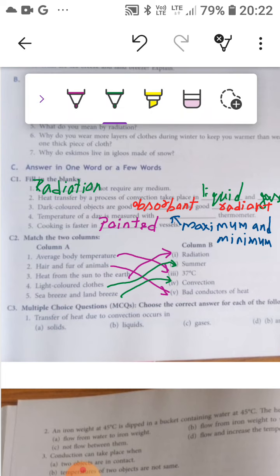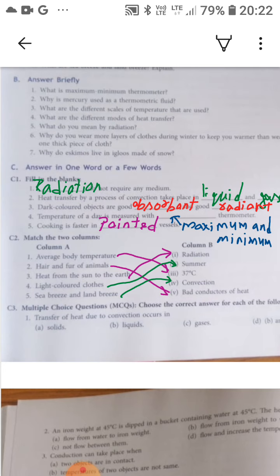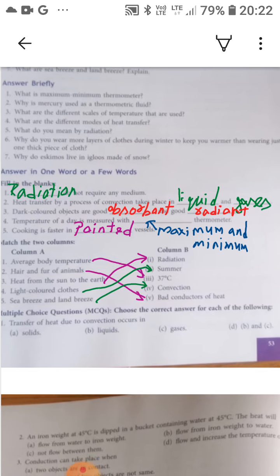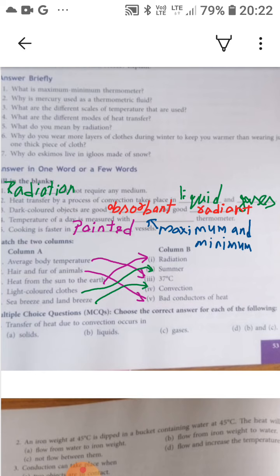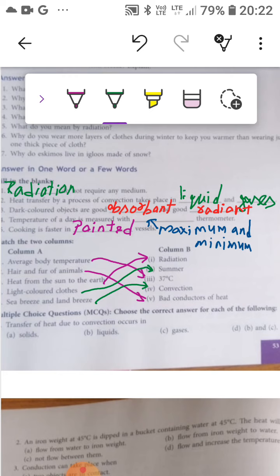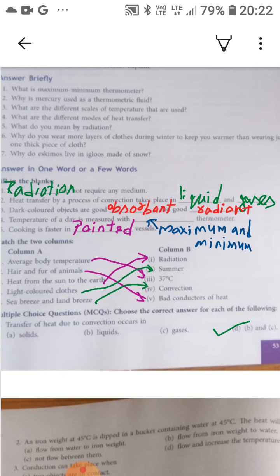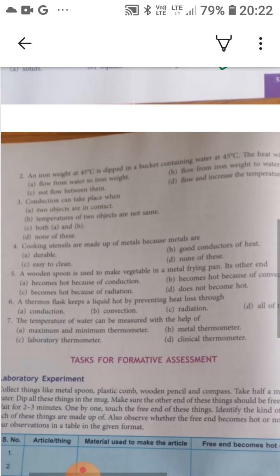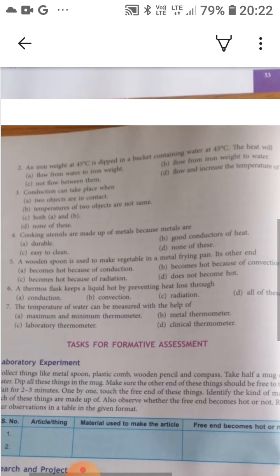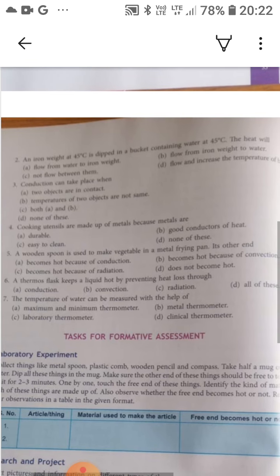So transfer of heat due to convection occurs in solid, liquid, gases, or D, B and C. So transfer of heat due to convection occurs in liquid and gases. So D option is correct. Now in second, an iron weight of 45 degrees Celsius is dipped in a bucket containing water at 45 degrees Celsius.